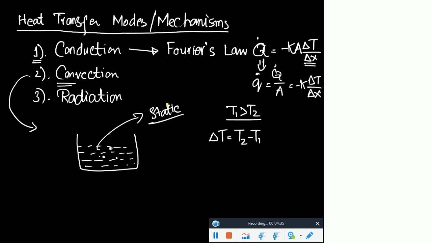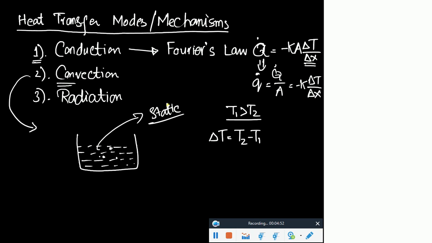Generally convection is a combination of two mechanisms: conduction at the molecular scale, which is itself a microscopic process through the oscillation of molecules. Obviously the molecules transfer energy to other molecules by oscillation and collision.